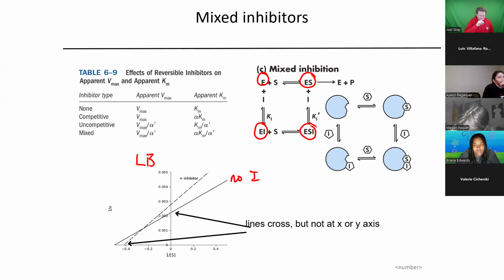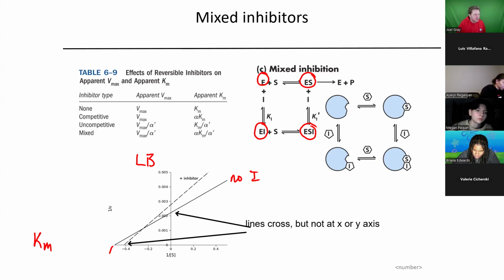Now, this is one tricky thing about this: how does my Km change? Not my x-intercept, but my actual Km. Does my Km go up or does it go down? The way that I think is helpful to answer this question is to assign a particular value.